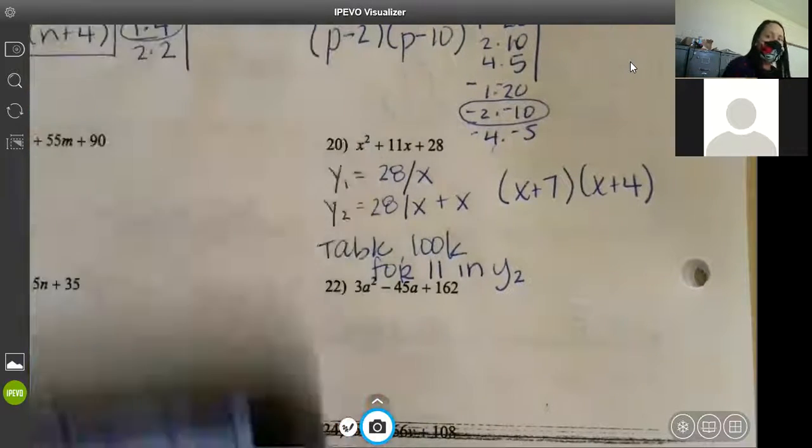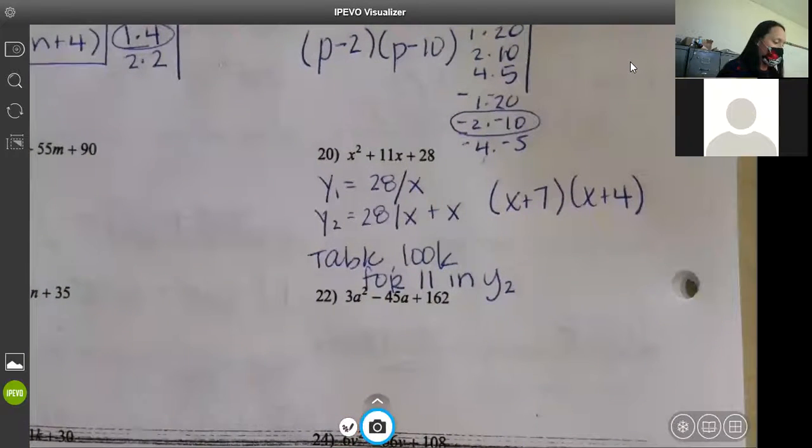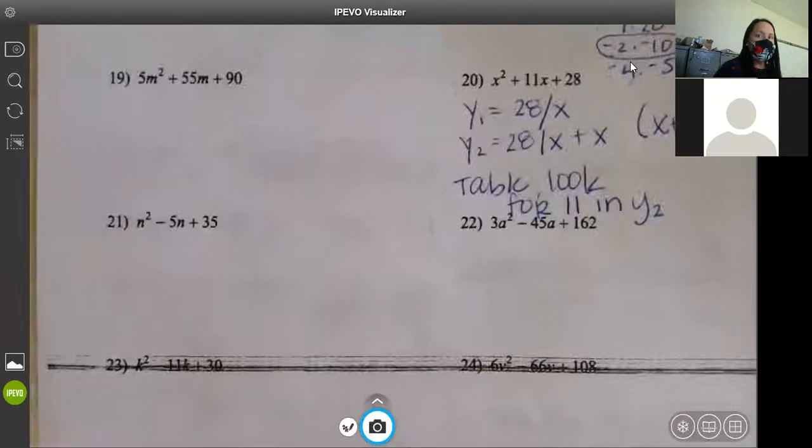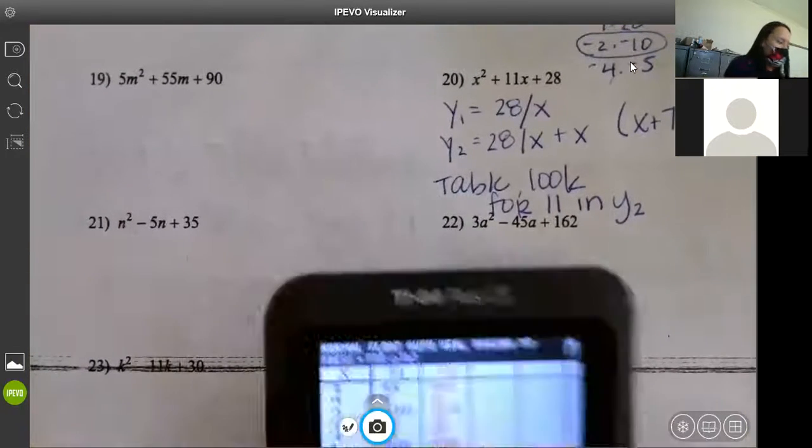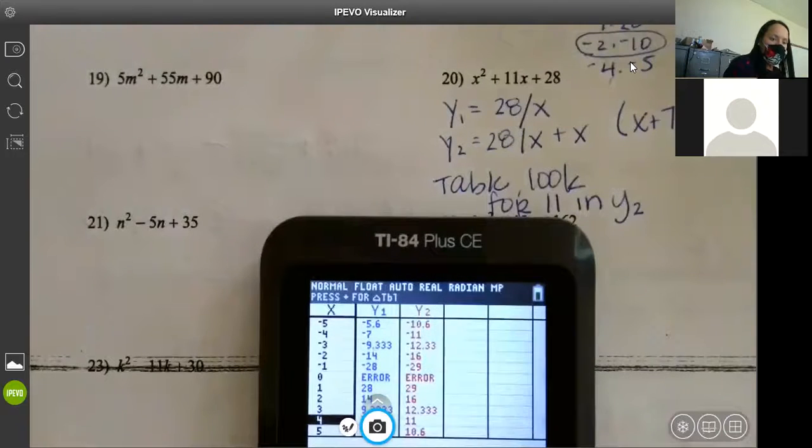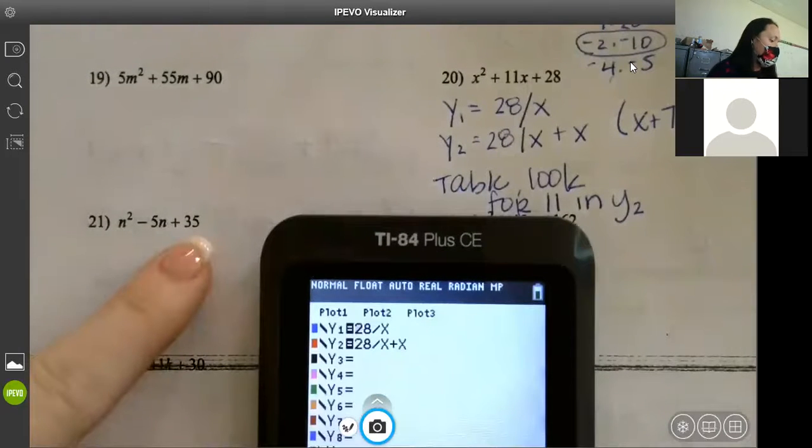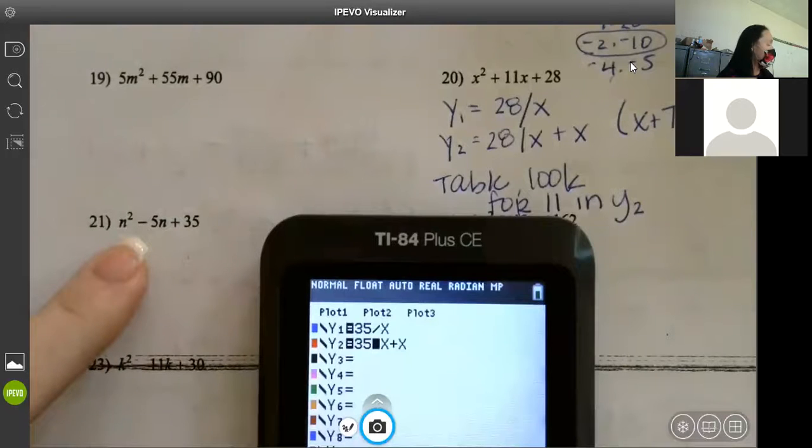So let's look at 21. We're going to do the same thing. I'm going to try to keep my answers up there real fast. I'm going to go into y equals. I need the last number divide x, last number divide x plus x. What are we looking for in that last column? -5, okay?